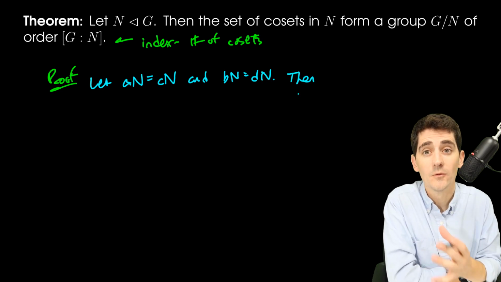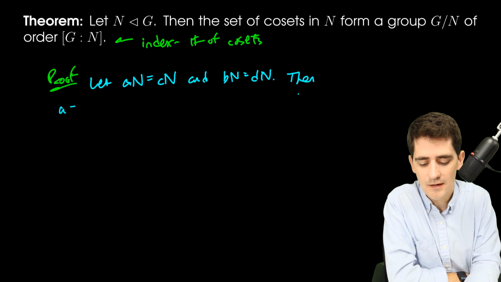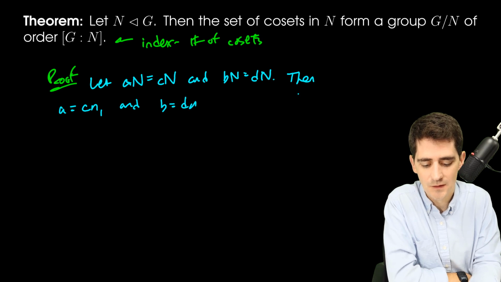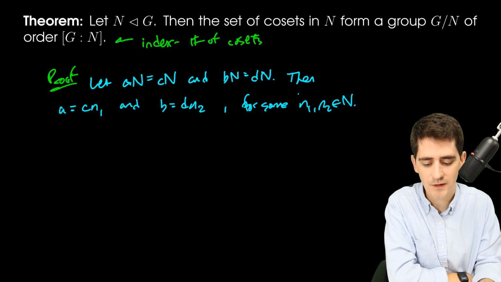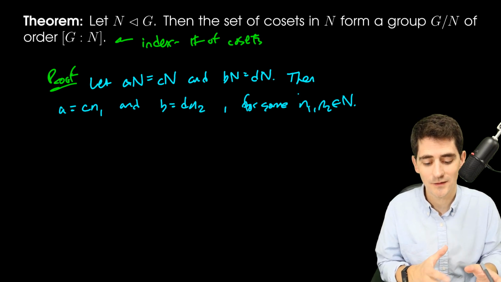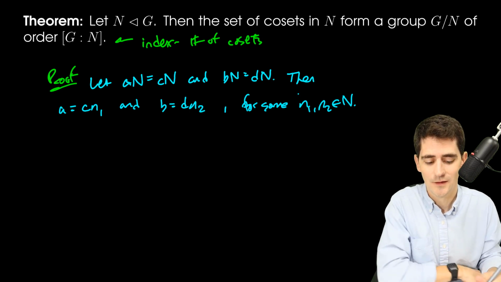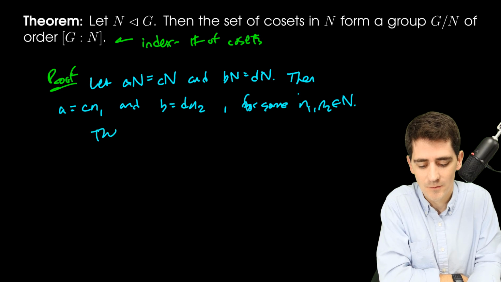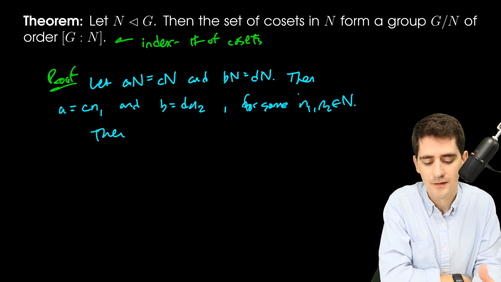Okay, so then what I could say is that a = c n1 and b = d n2 for some n1, n2 in my subgroup, because a is in the cN box and b is in the dN box.